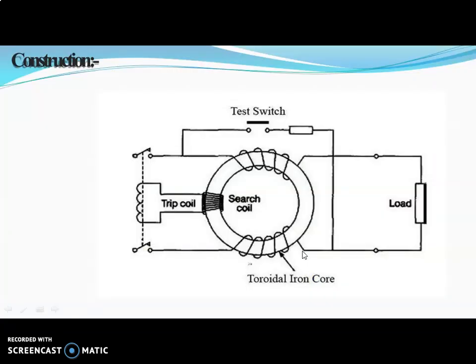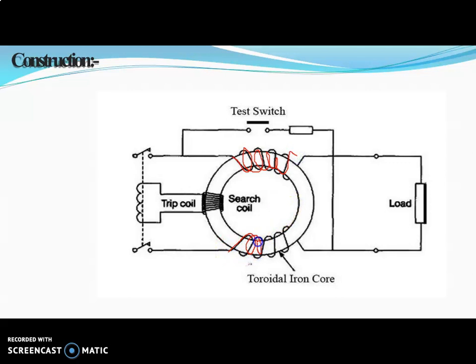Now let us see the construction and the working of the ELCB. ELCB has one toroidal type transformer. The first coil, called the primary coil, is wound on one side of the transformer.